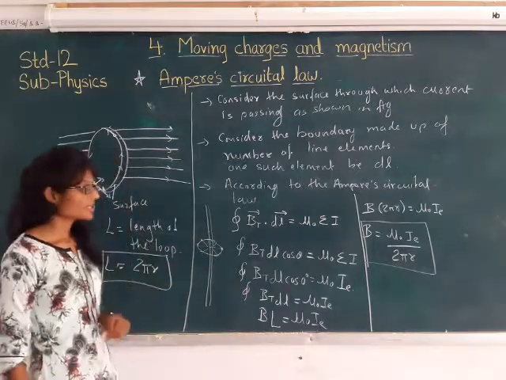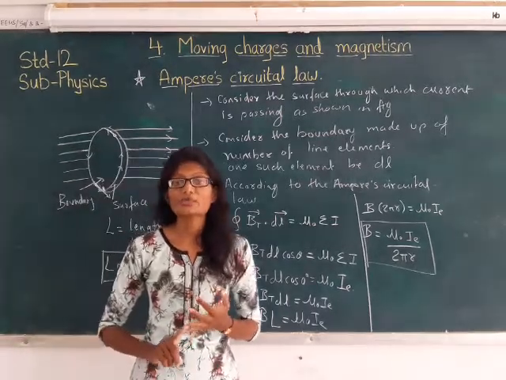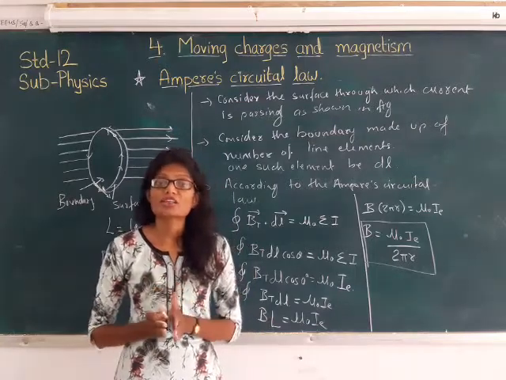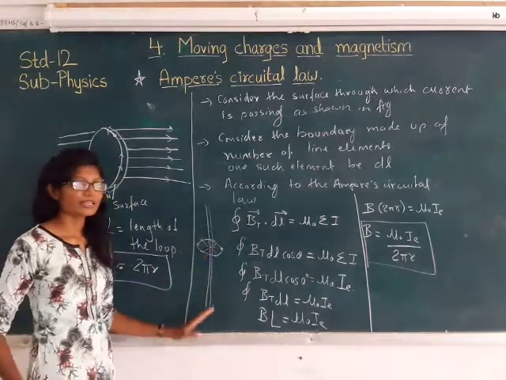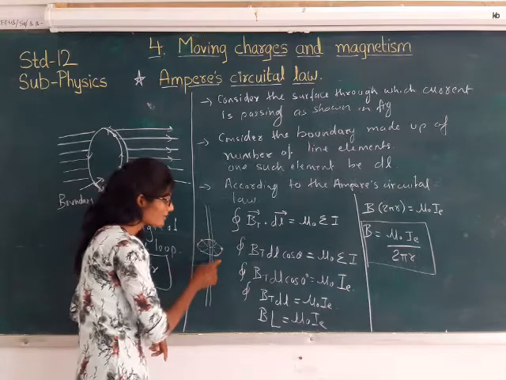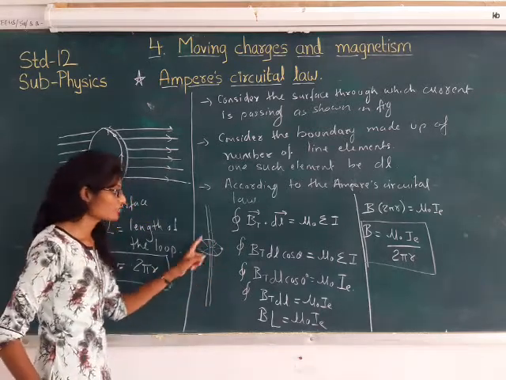Another important thing is that the current passing through the wire is a steady current. That means a constant value of current should be passing through the wire. So it applies when the steady current goes through the wire, and the value of the magnetic field will remain the same around this wire.